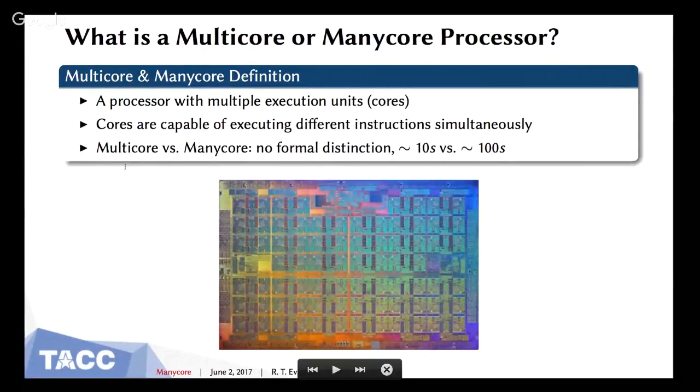So what do we mean by Manycore? You might hear us or other people talk about multi-core or many-core, and there is no hard and fast definition. What we refer to when we say many-core is sort of an order of magnitude increase in the number of cores on a chip. Where before you had 2, 4, 8, maybe 12, today you're going to run an architecture that has 68 cores on a single chip.